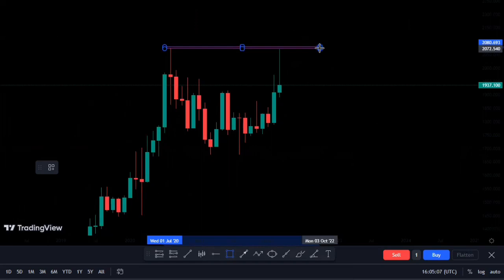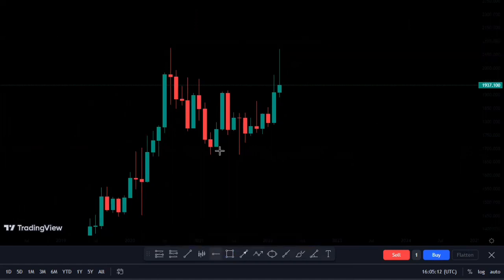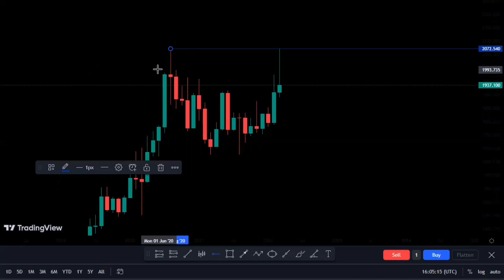So I just want to use my tools as I'm used to them. I'm going to use the horizontal ray to outline the high. This is the high of the structure. And then I outline the low that is visible to me on the bigger time frame.